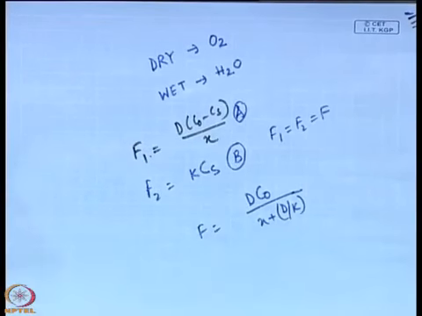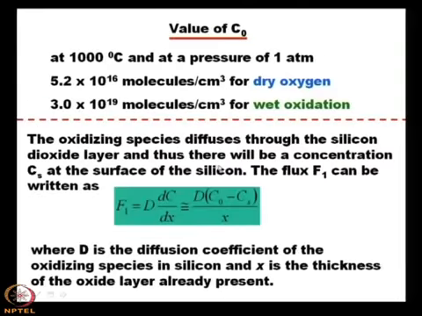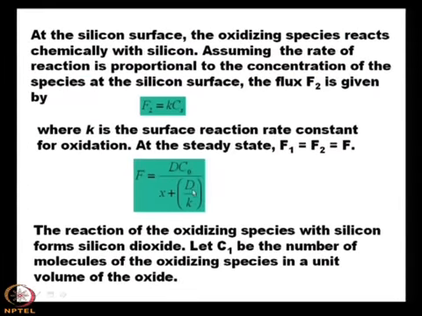So, C0 is the initial surface concentration of the oxidizing species, and D is the diffusion coefficient or diffusivity. The reaction of the oxidizing species with silicon forms silicon dioxide. Let C1 be the number of molecules of the oxidizing species in a unit volume of the oxide.